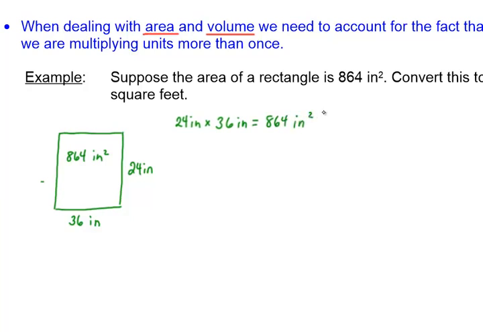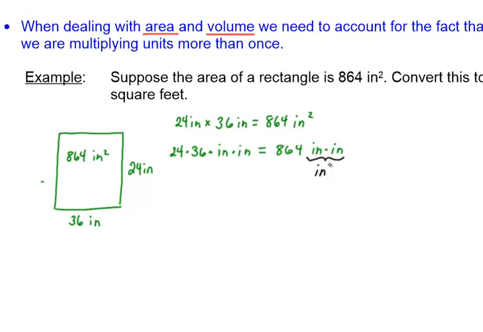Now let's rearrange this a little bit. Let's say we have 24 times 36 times inches times inches. Well, then that gives us 864 inches times inches. And what I wanted you to notice here is this is our compound unit.